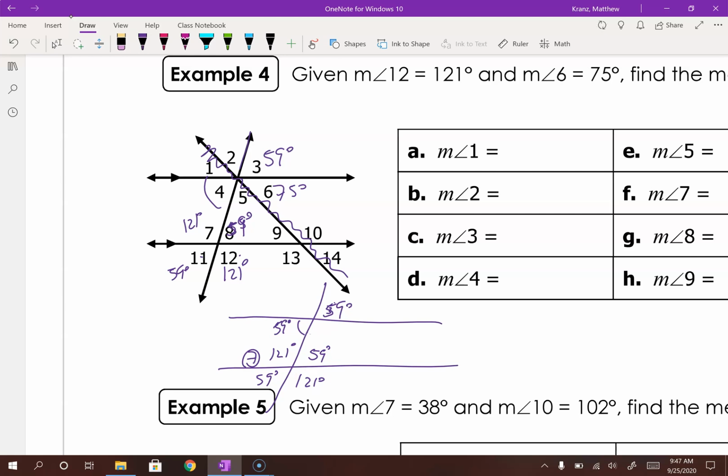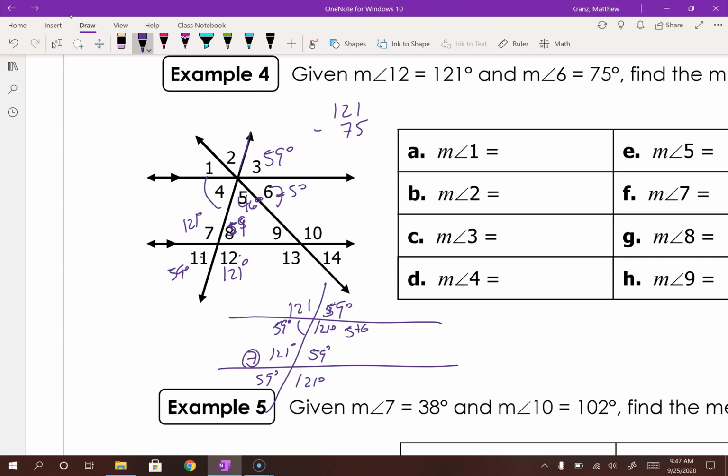But this whole angle has to be 121, and do we see how there's already a 75? This is angle 5 and 6 put together. So, because this whole thing is 121, I have to take 121 minus 75. That gives me 46 degrees for angle 5. And then this one is 121.